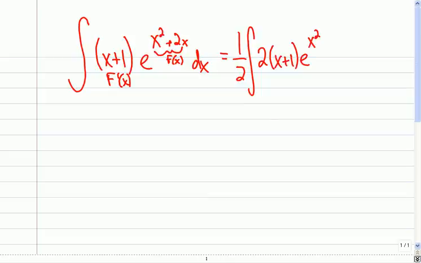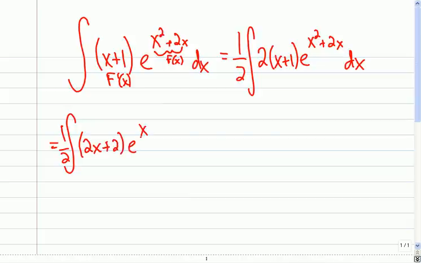So I'll walk you through this is sort of how I would end up with two pieces. This would be e to the x squared plus 2x dx. And the reason I put that 2 there is now when I rewrite the integral, I have 2x plus 2 e to the x squared plus 2x dx. So now I can see, here's my function, and that's the derivative to match it. So a half was needed to correct that. So u is going to be equal to x squared plus 2x.